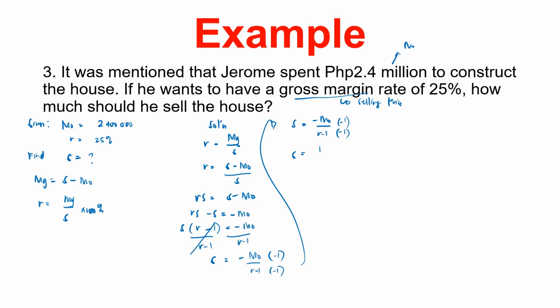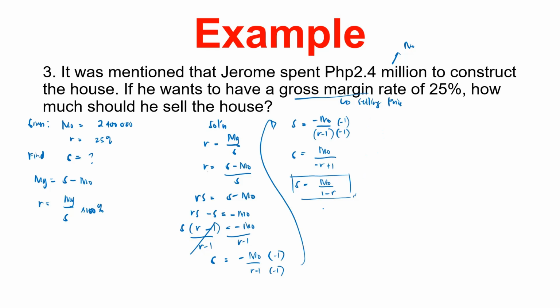Si numerator will become positive since the denominator is binomial. I-distribute natin si negative. So, we will have negative r plus 1. Okay? So, we can rewrite the denominator as 1 minus r. So, this is our formula for the selling price under the gross margin rate.